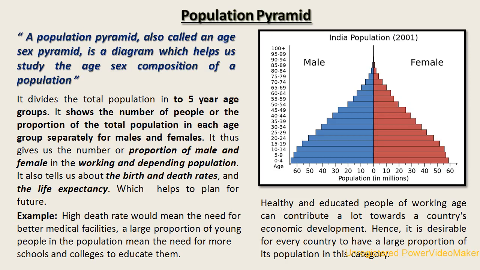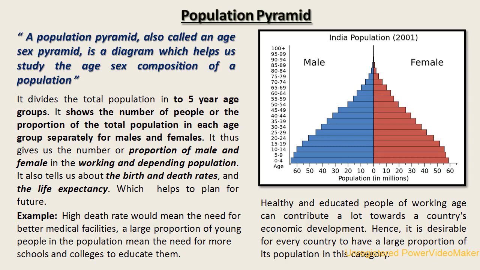So when people are getting aged, we are not able to give much medical facilities, so they are dying earlier. But in developed countries, they have enough medical facilities and all those things, so their life expectancy increases. They can live above 90 or above 100 years. So that is how we plan for the future.